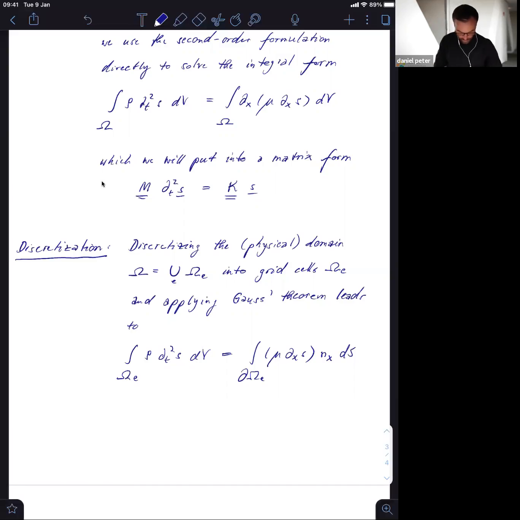So think of having a cell where we have the boundaries xa and xa plus 1 and the centroid, let's say at xp.